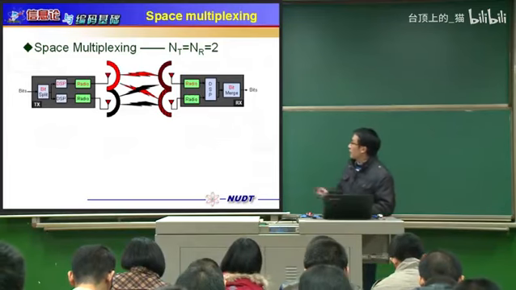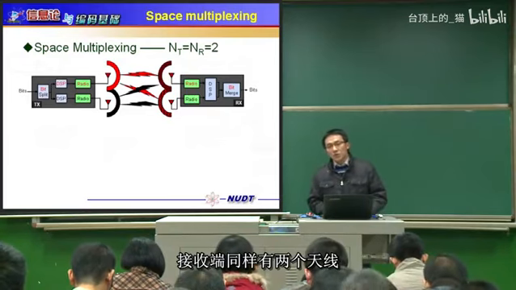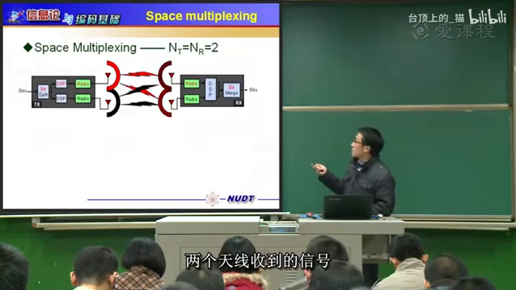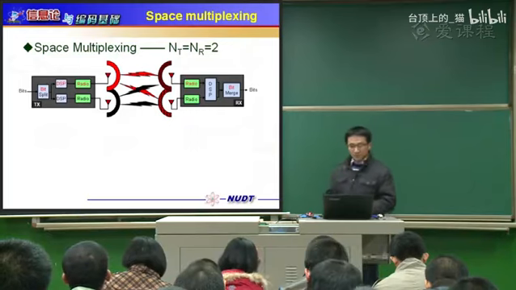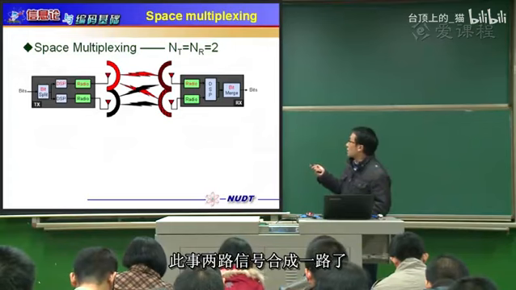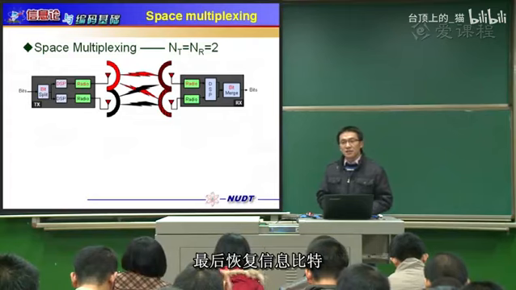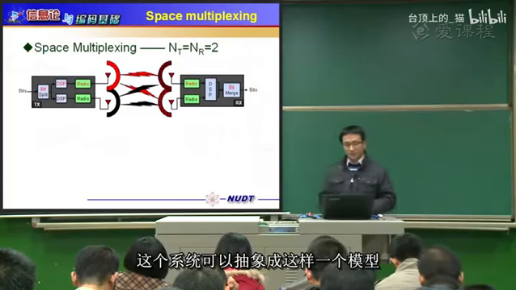Okay? And on the receive side, there are also two antennas. For each antenna, the signal will be sent to the radio module and then the DSP module. And finally, the bits in the two ways will be combined into one way, and all the bits will be recovered at the receiver. Okay?